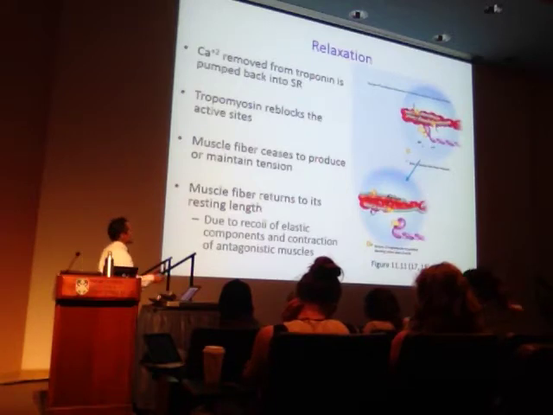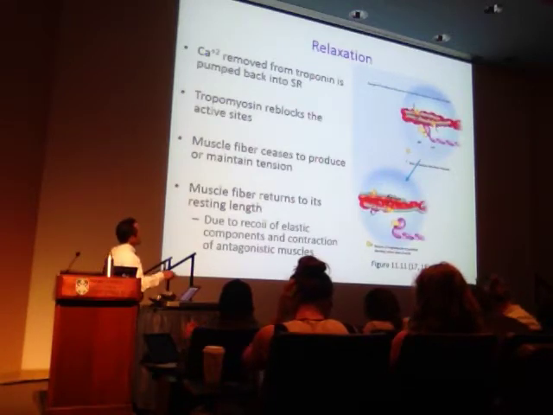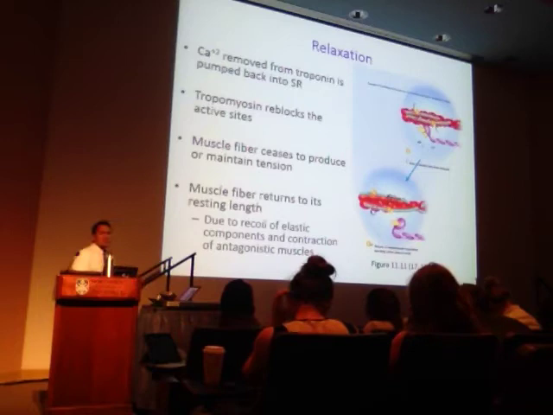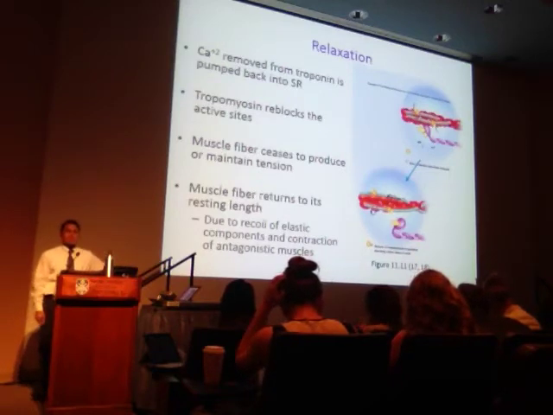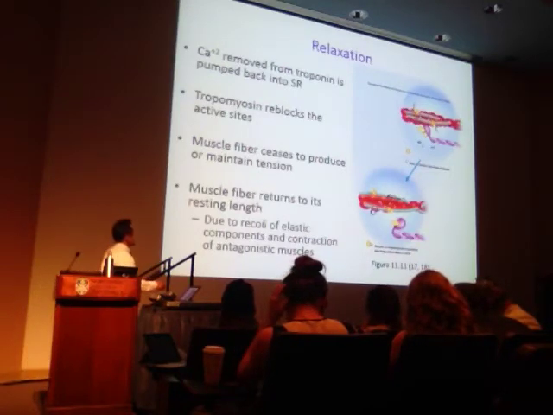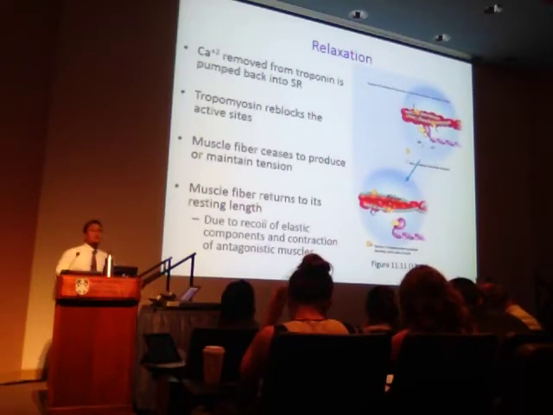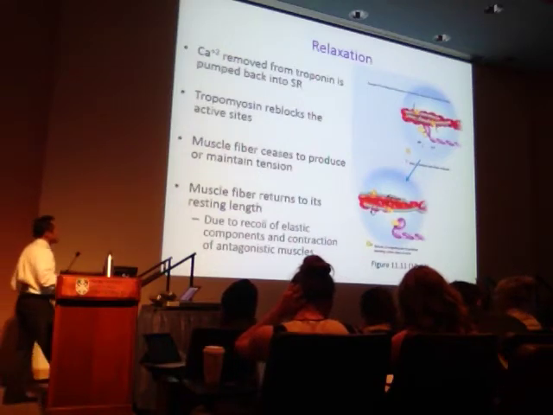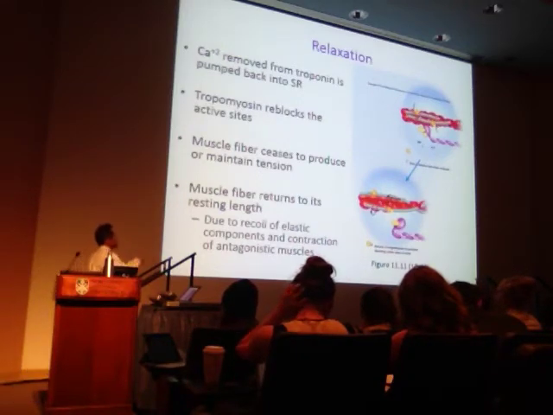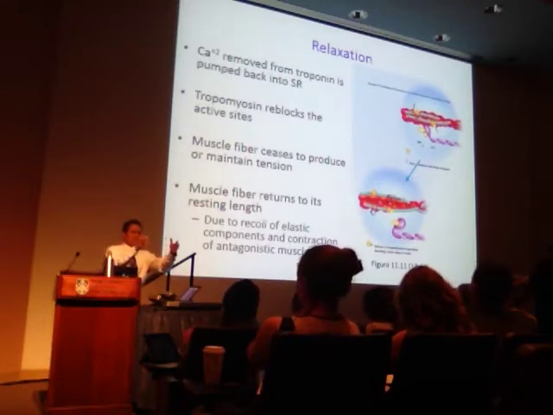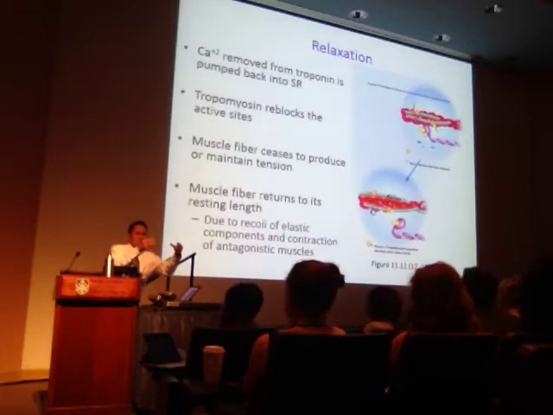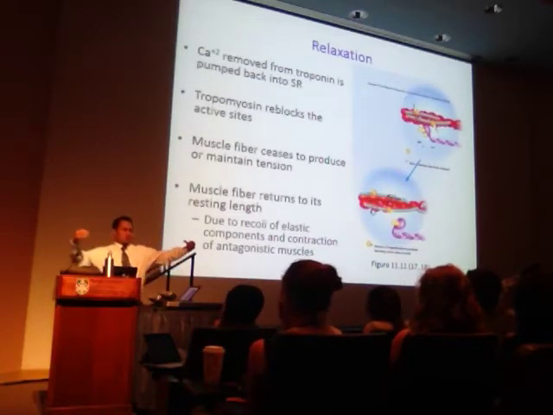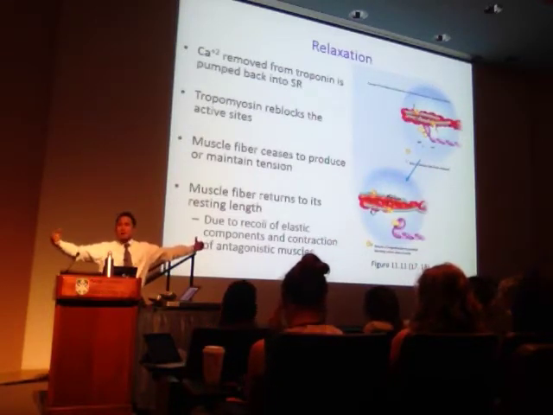Now, without calcium bound, tropomyosin reblocks the sites, and now myosin can't interact with actin anymore. You stop producing tension, and the fiber itself returns to resting length. Because as it contracts and gets shortened, if they stop touching each other, the elastic filament naturally recoils back to its resting state.